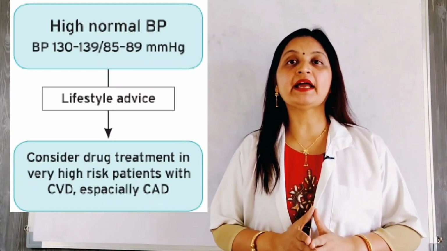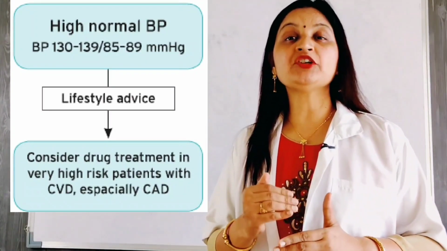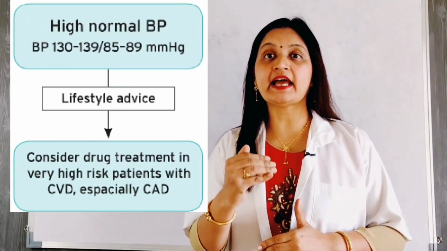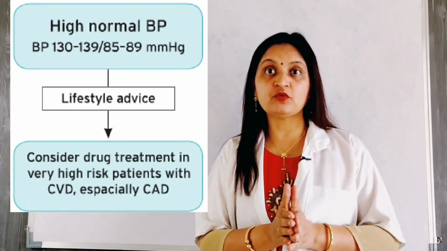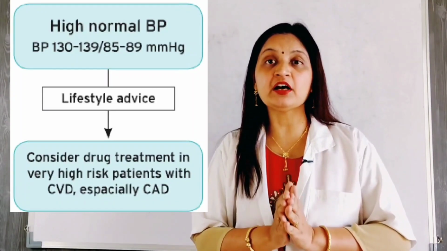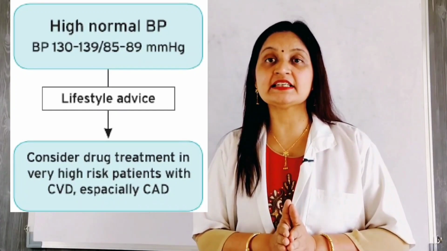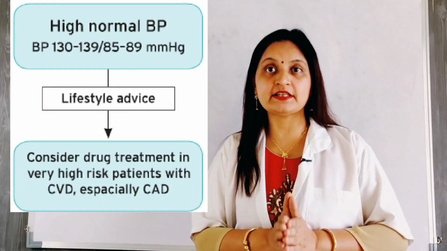But it should be kept in mind that antihypertensive drug therapy should be initiated if the patient belongs to the very high risk category. For example, patients with diabetes mellitus and proteinuria, or patients with severe chronic kidney disease or with established cardiovascular disease, for example, coronary artery syndrome.